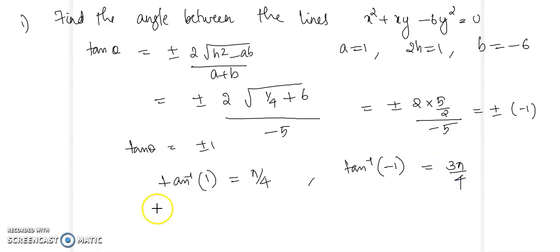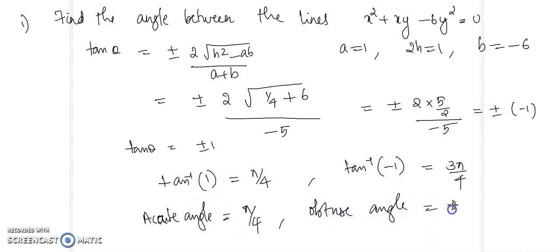So that is the acute and obtuse angle between the lines. The acute angle is pi by 4, and the obtuse angle will be equal to 3 pi by 4. So that is the angle of intersection between the pair of straight lines.